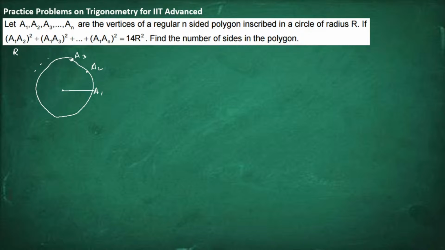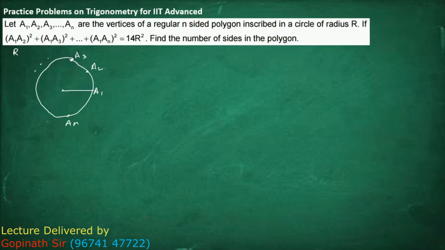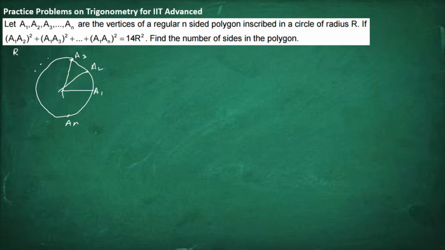So this continues and let us say here it is AN. I'm just joining this point with the center of the circle. The radius of this circle is R. Now let me join this.